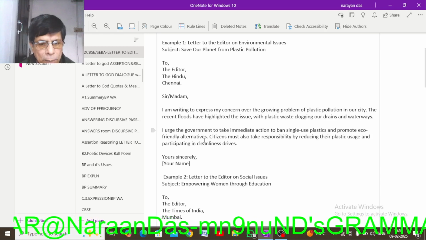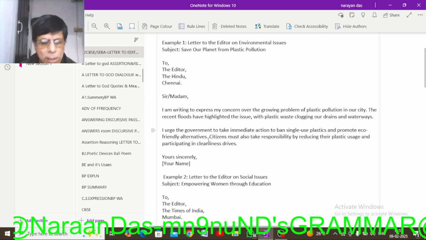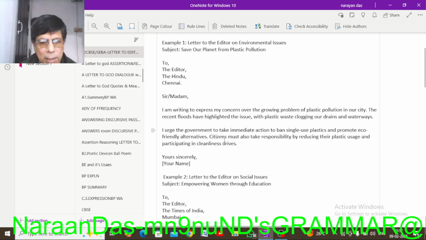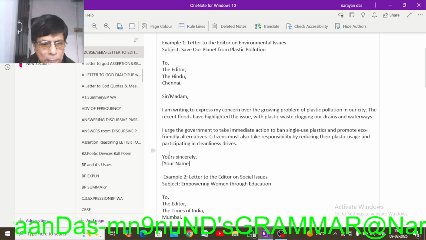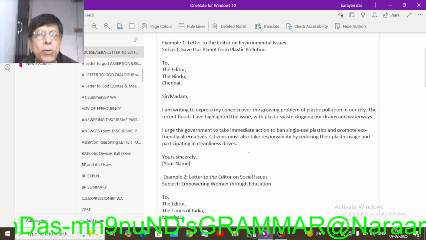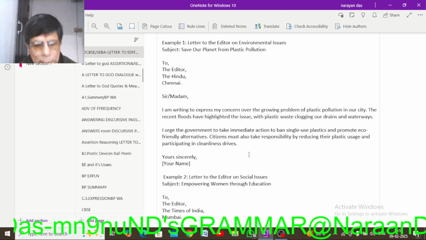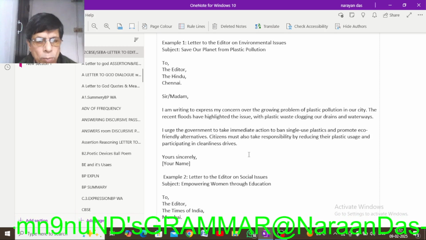Here the third paragraph is kept attached to the second paragraph. In each example you have seen that citizens must take responsibility by reducing their plastic usage and participating in cleanliness. That is, one suggestion for solving the problem is given in each letter to the editor.